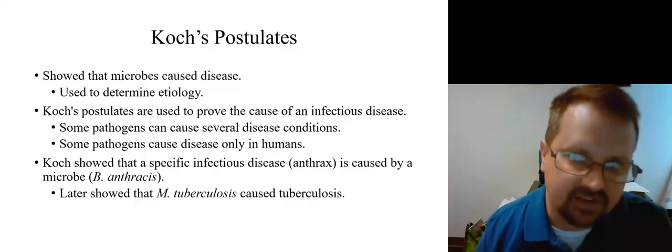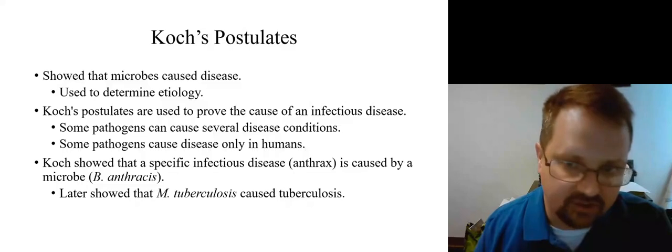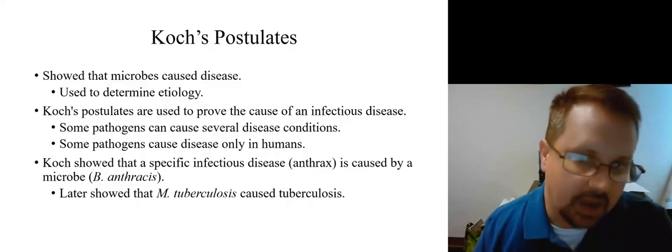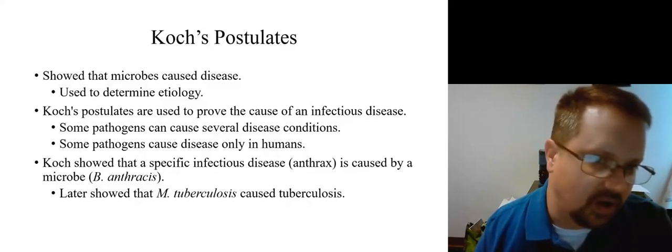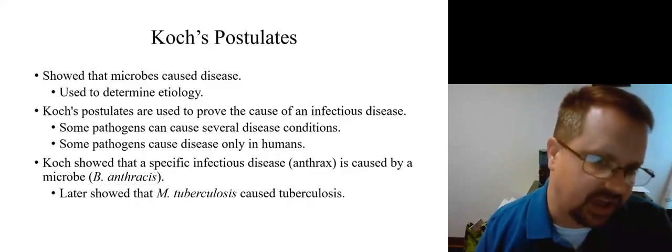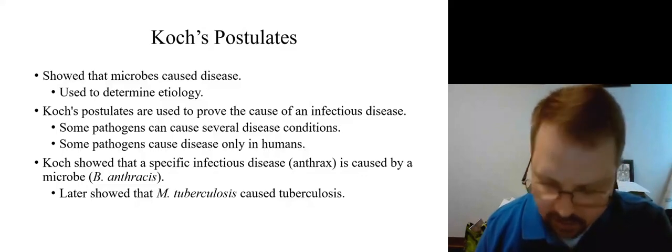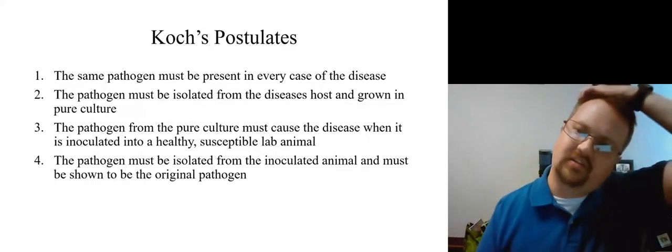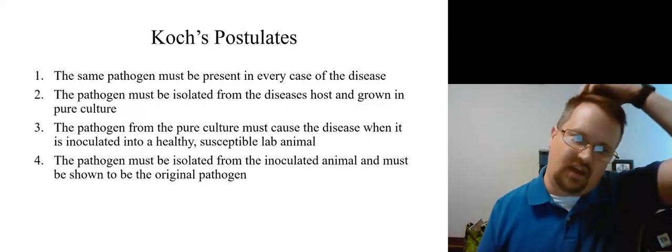So some diseases only affect certain hosts, while some diseases can affect multiple hosts. For example, he showed that Bacillus anthracis caused anthrax, and M. tuberculosis caused tuberculosis. Okay, so Koch's postulates, he said these four things here.